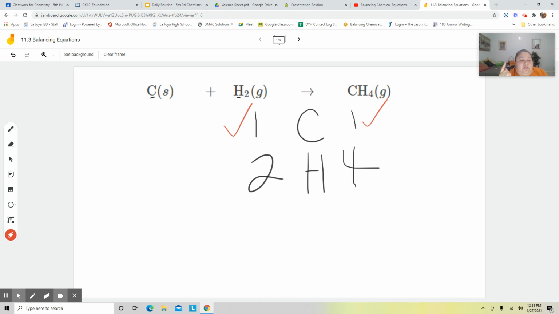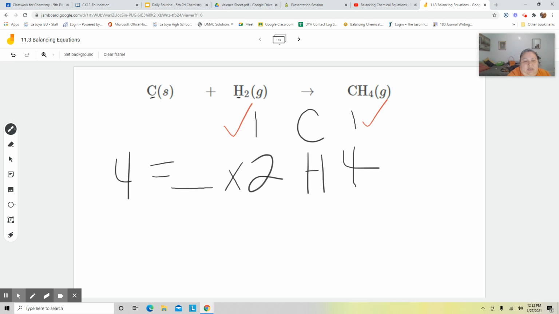So what am I going to do? I'm going to multiply by a number that's going to give me a 4. What can I multiply that equals 4? What do I multiply in order to get a 4? What's going to go in this blank right here?